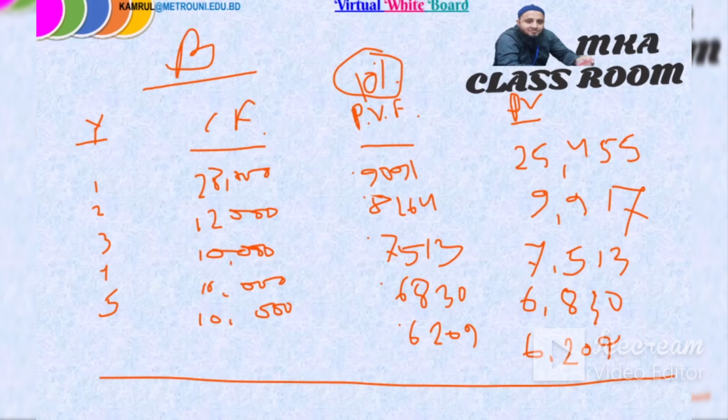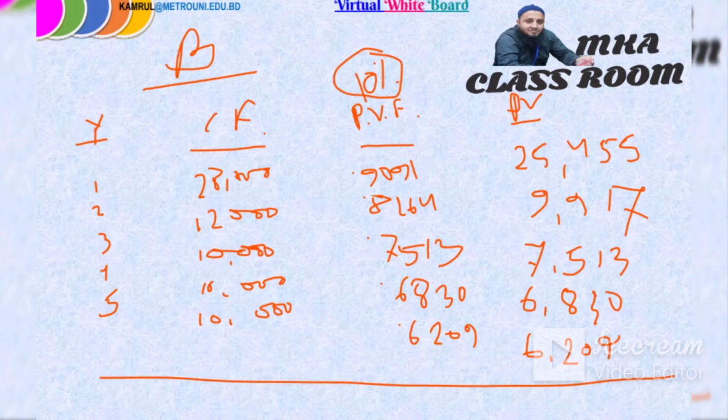Now multiplying these with the cash flows, we get these values: 25,455, 9,917, 7,513, 6,830, 6,209. So these are the individual cash flows' present values.